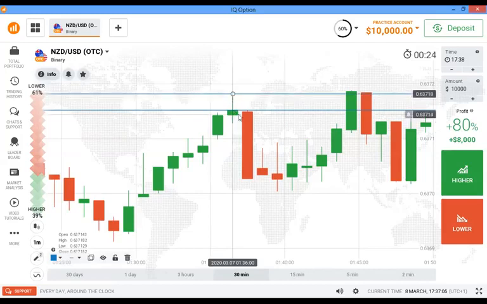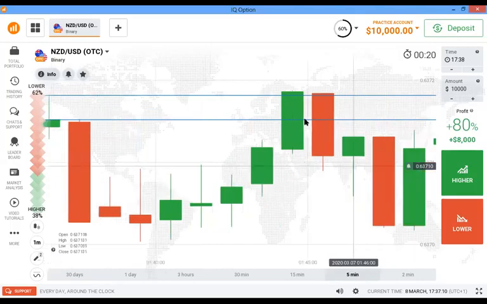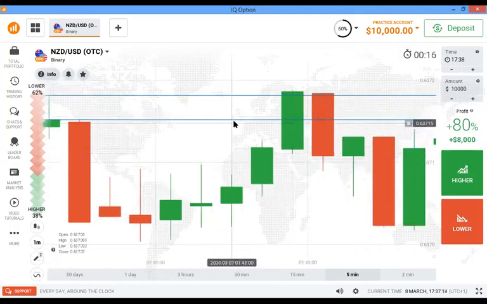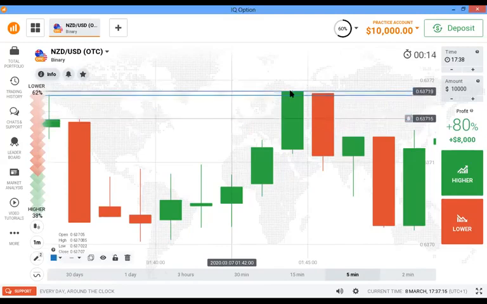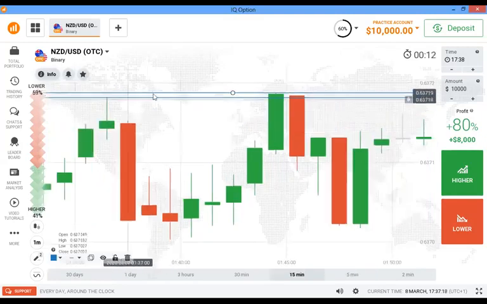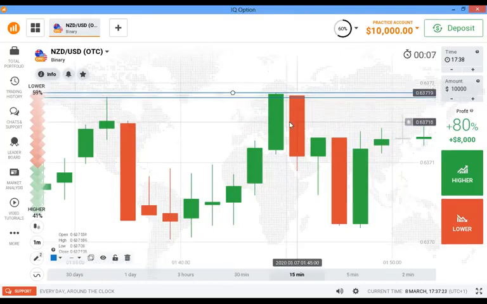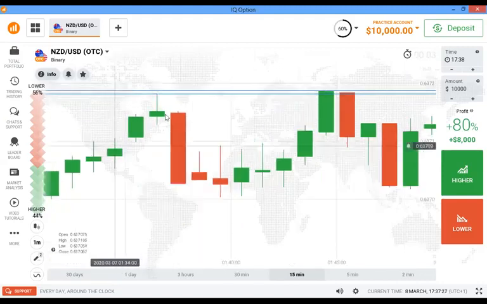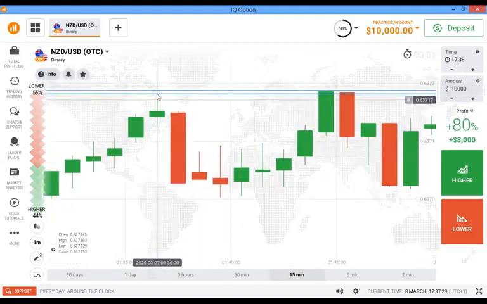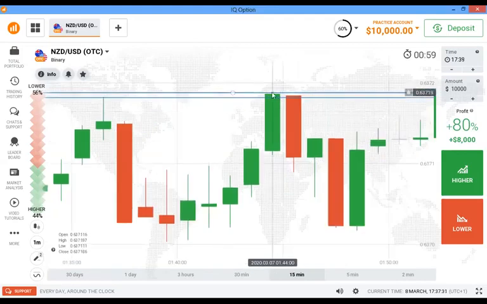You place your line here and then look for the next candle that breaks that level and then sellers enter. It means that this is the next seller's area. So this level that I draw is the seller's area. You can see a seller's entry from this point, and again a seller's entry from this point.